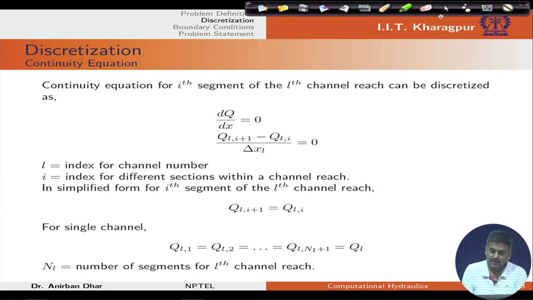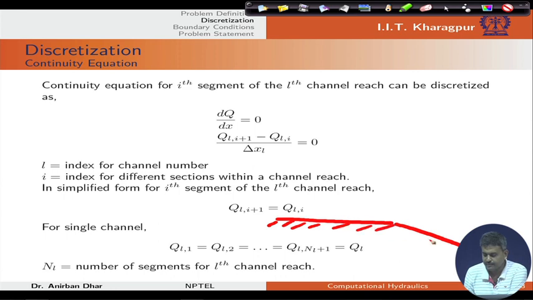Now, if we consider channels in series, then also the situation will be the same, because if we consider two channel reaches, let us say this is our first one and this is the second one, 1 and 2.